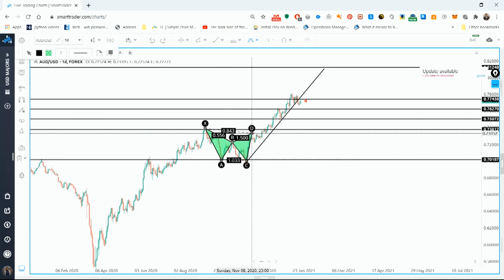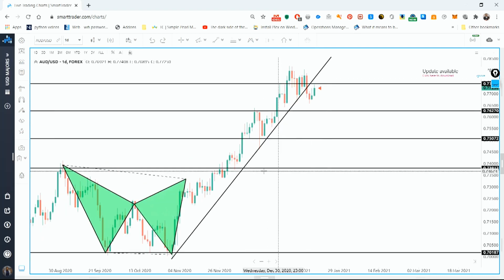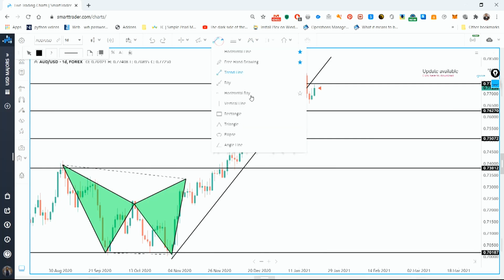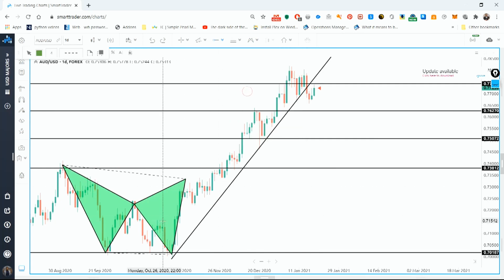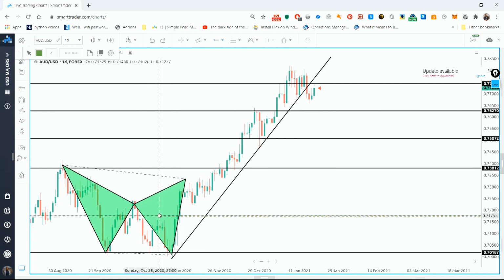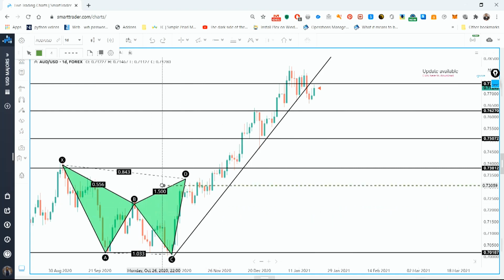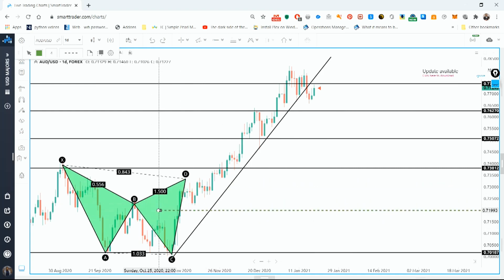There's a level here where there's imbalance in the market. So I expect price to pull back overall, at least somewhere between this area and this area here, and this is a huge move. In the coming weeks, in the coming months, we could see the dollar strengthening, and this is what you should be watching out for.